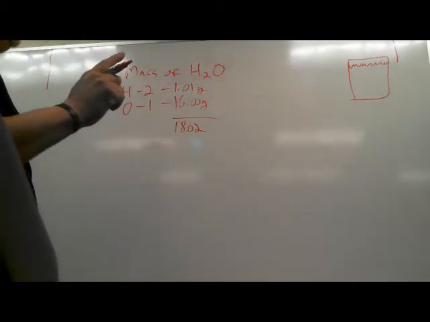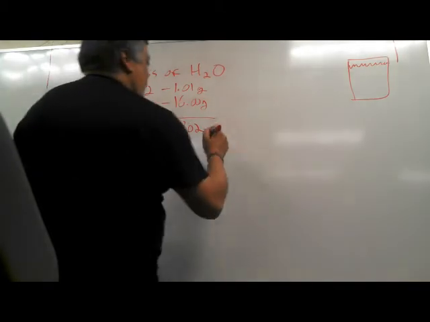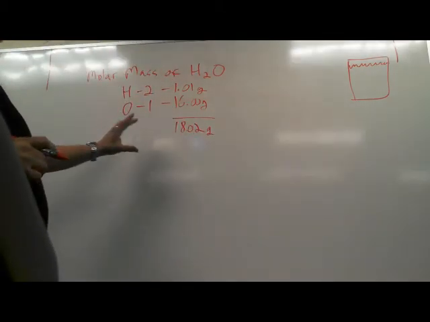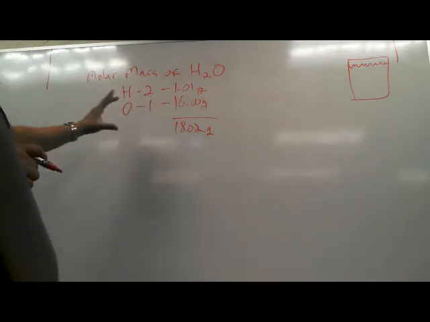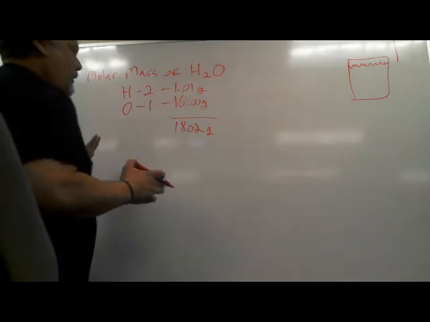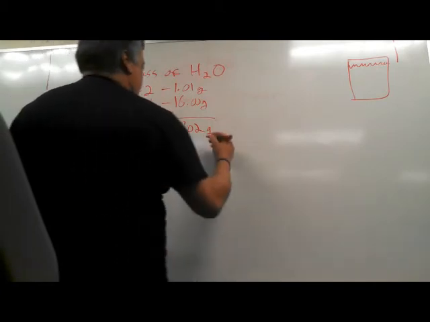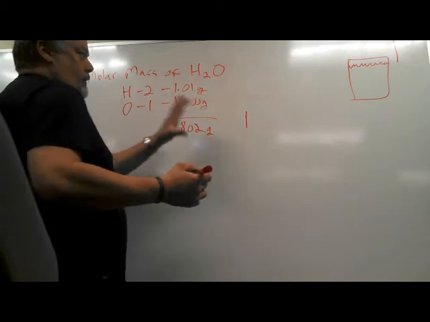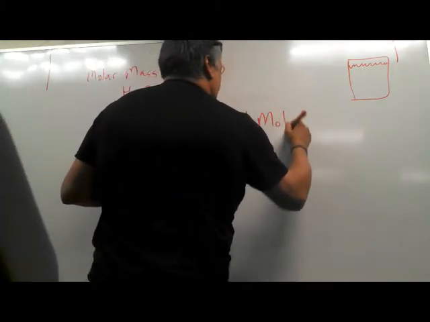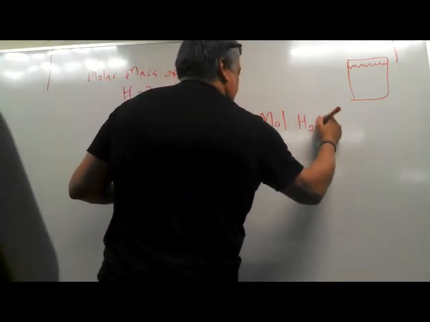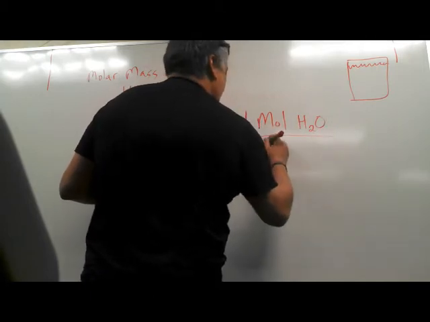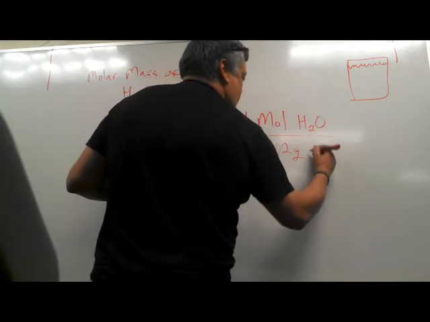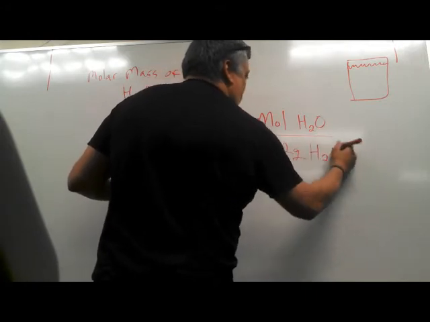So we can now say that the molar mass of one molecule of water, of the compound water, is 18.02 grams. So we can now say that 1 mole of H2O is equal to 18.02 grams of H2O laid out on a balance.